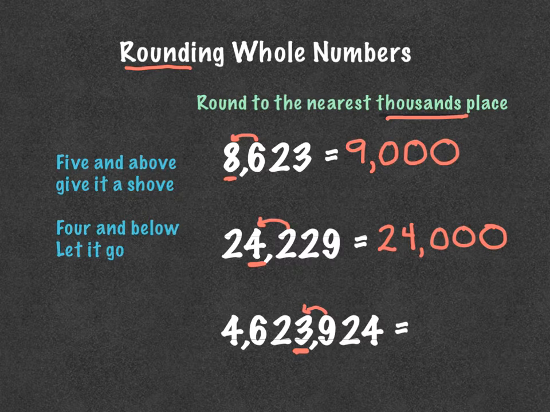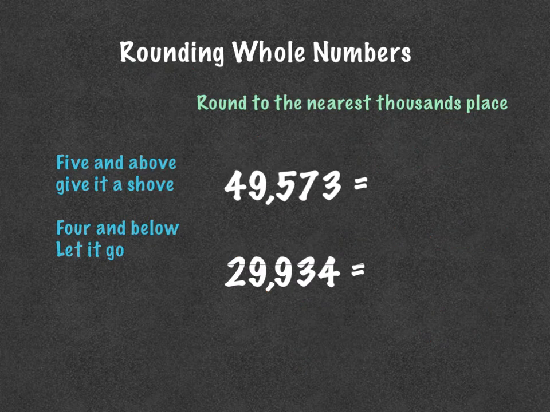The 620 are all going to stay the same, because the only thing we're changing or not changing is the 3 here, right? So the 9 is going to boss the 3 around and bump it up to a 4, and everything else afterwards turns into round numbers. So our number is rounded to 4,624,000.